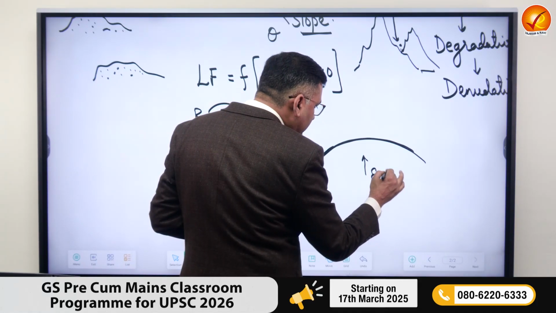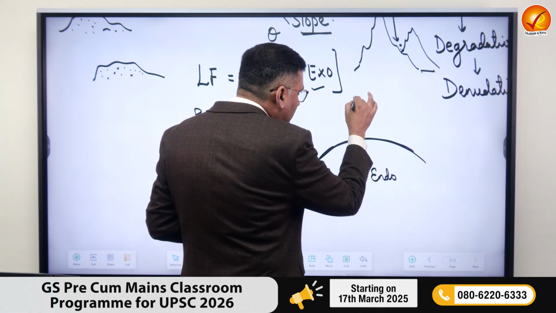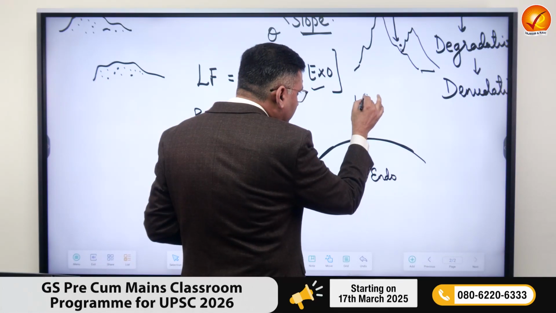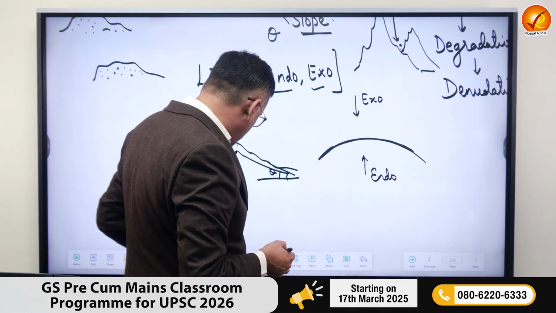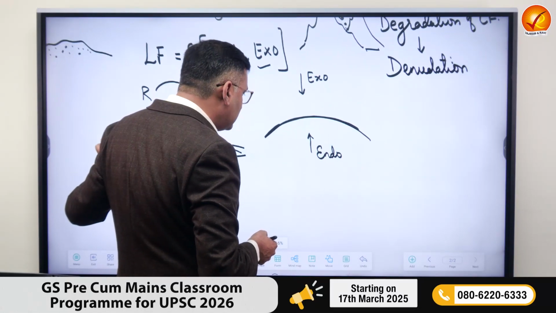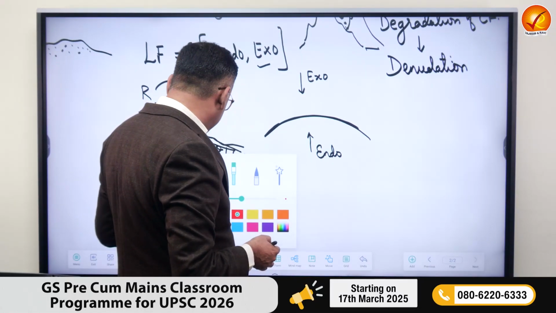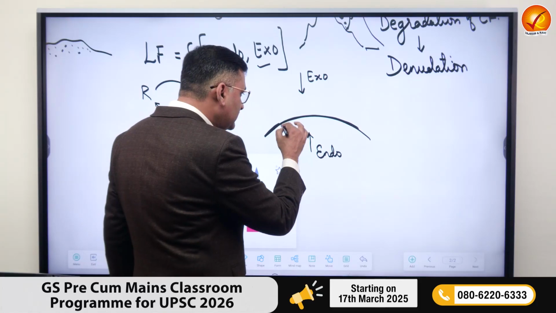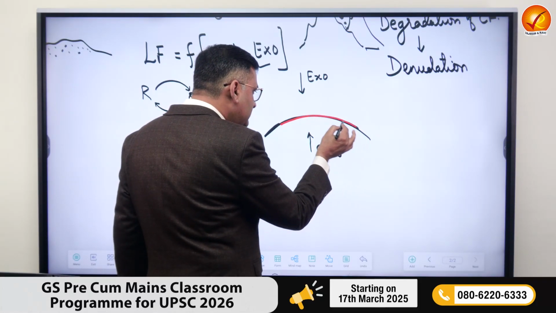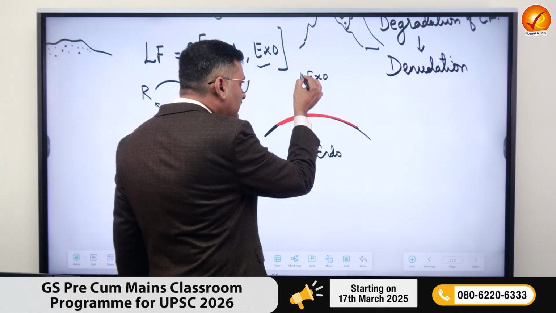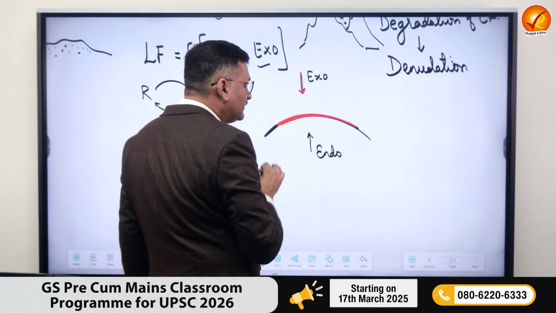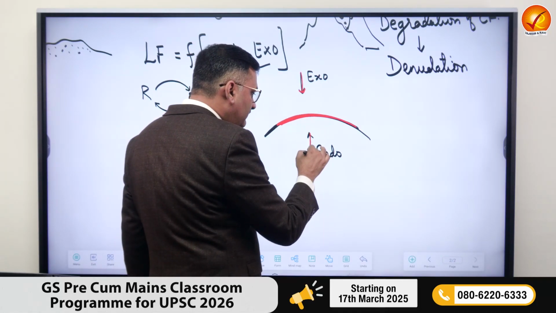This is known as endogenic force, and what is operating from outside? This is referred to as exogenic forces. So the crust is the outer layer, and what is this crust experiencing? The crust is experiencing two forces, one from the external conditions of the earth, that is exo, and one from the interior.